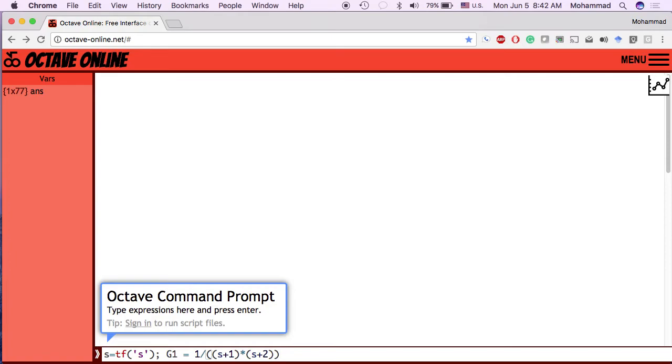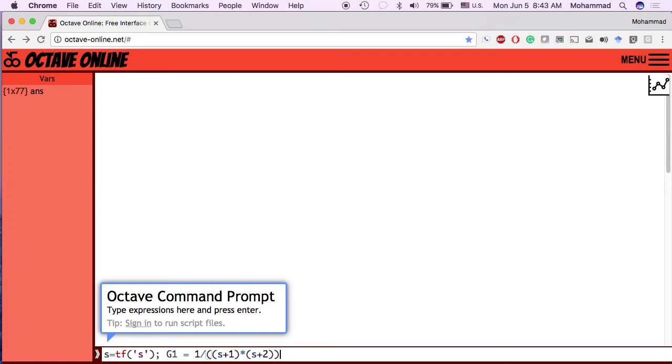What are the values of those poles? What values of S will make the denominator go to 0? -1, -2, very good. So this system has 2 negative poles, or 2 negative eigenvalues, or 2 negative roots of the characteristic equation. No matter which one of these you find, you will find -1 and -2. Okay, so this system has 2 negative real poles.